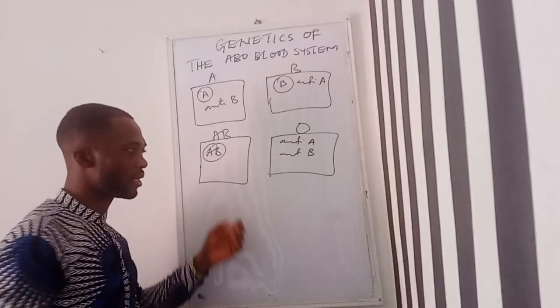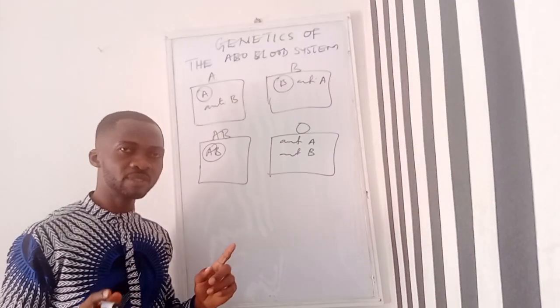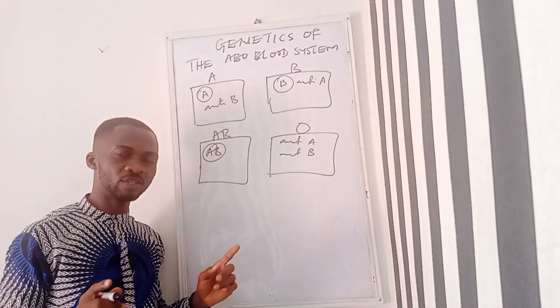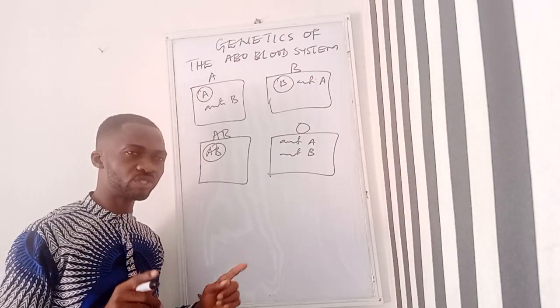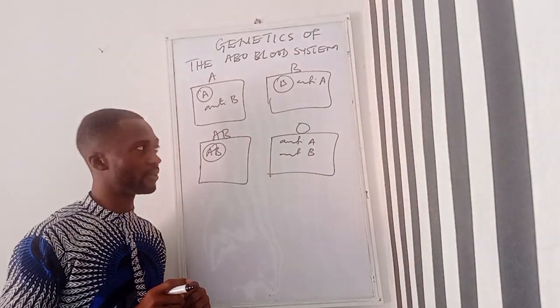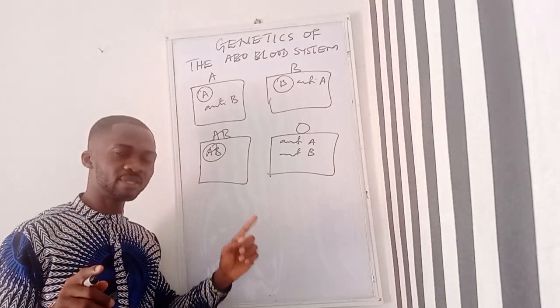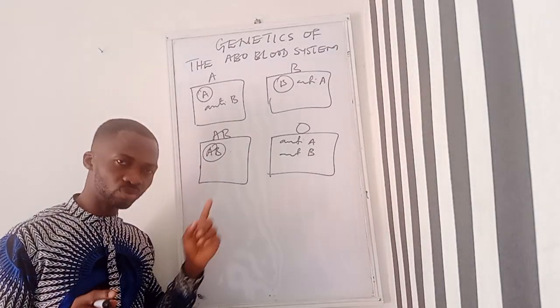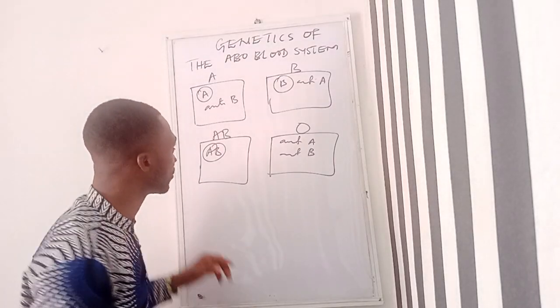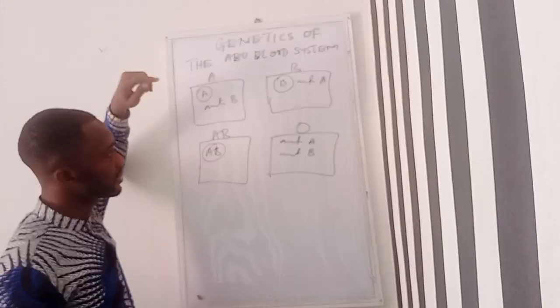In blood transfusion, there's something that should be carefully watched, and that is that corresponding antigens and antibodies do not coexist in a single host. Let's look at what I meant.